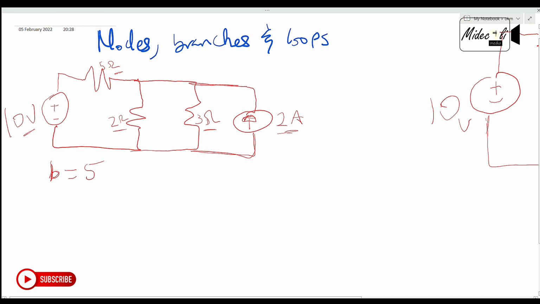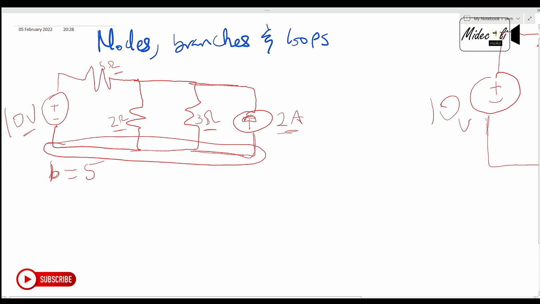Remember we said a node is a point of connection between two or more branches. So in this circuit, how many nodes do you think we have? 3. How is that? You could always choose a point for your reference node, but it's always advised that you choose the bottom part for your reference node.